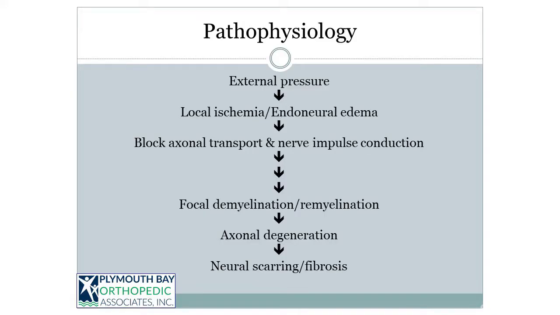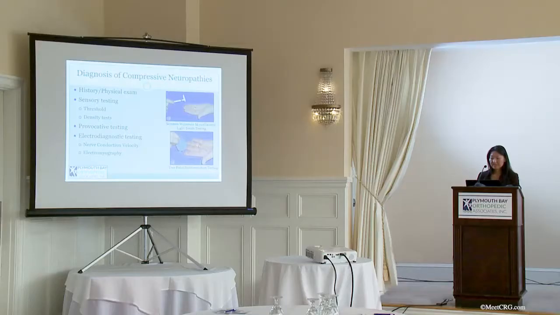So ultimately, this leads to axon or nerve demyelination and remyelination, which can cause degeneration of the axon and then ultimately fibrosis. So these compressive neuropathies are not actually an inflammatory process. It's a fibrotic problem.